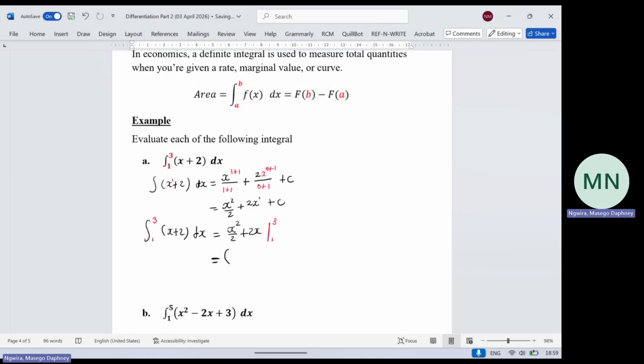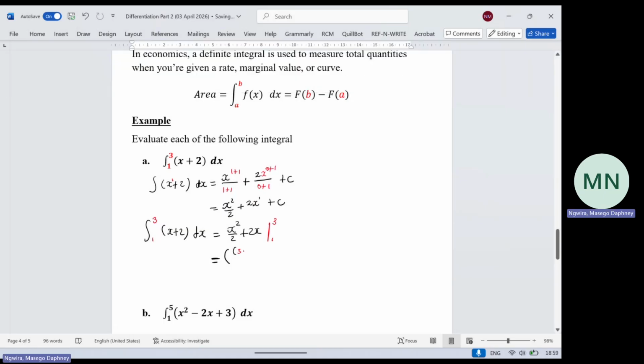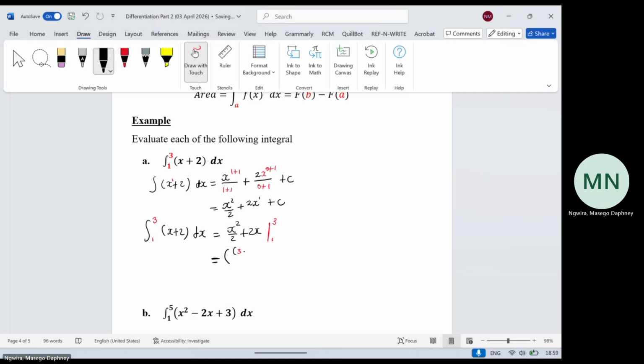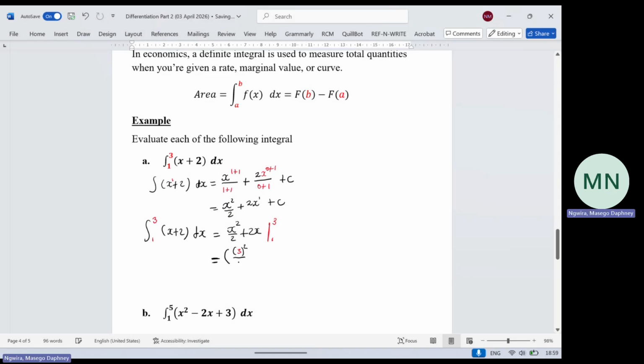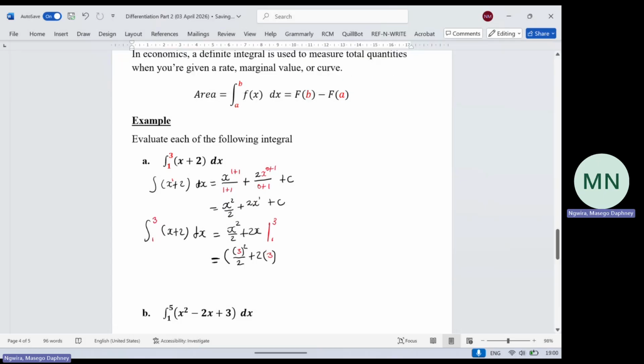So this will be 3 to the power of 2, wherever I see x, I put 3 first, over 2, then plus 2 times, then I put 3. And then I'll just use a square bracket. And then after this, I minus.